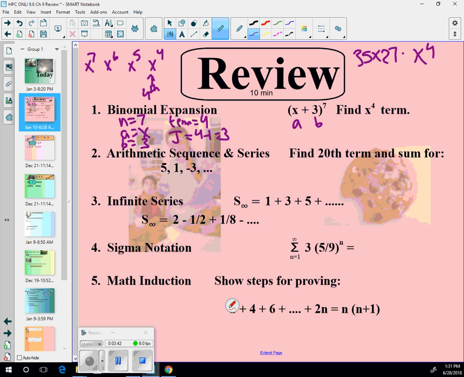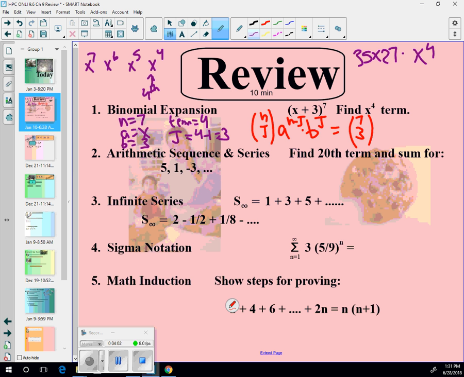So using the formula, which is n choose j, a to the n minus j times b to the j, that's going to be 7 choose 3.